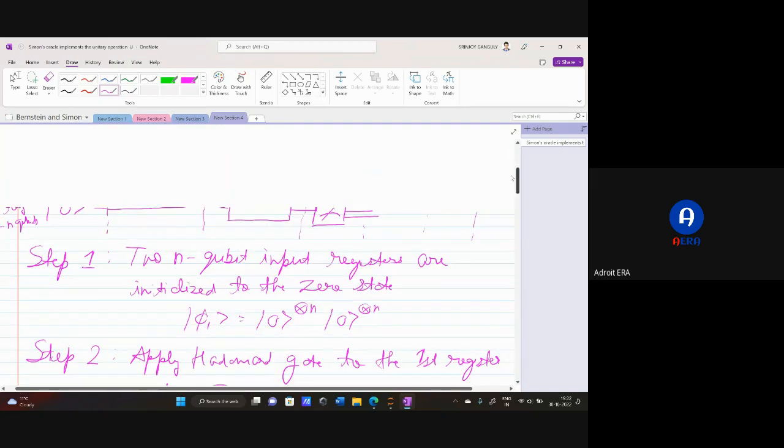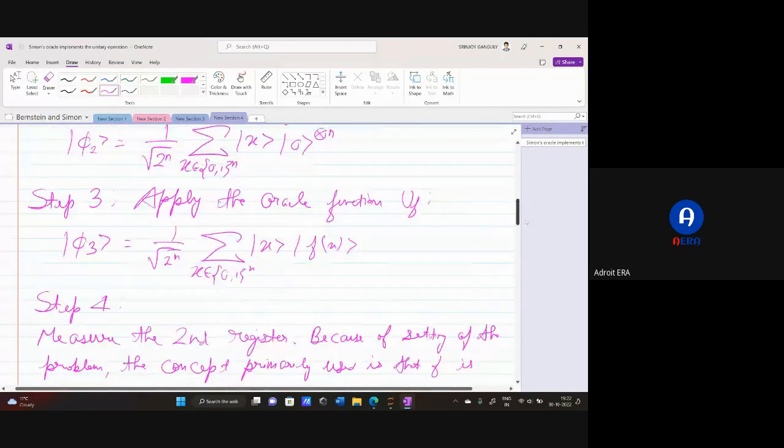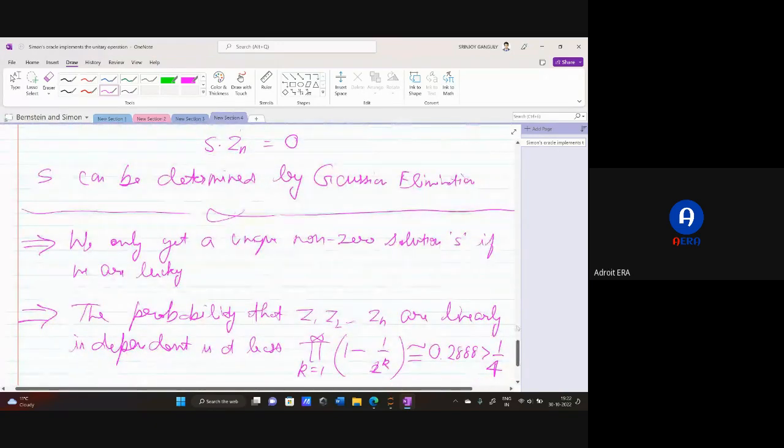We have seen this in the morning. So this completes your derivation of Simon's algorithm with a few points. And now let us see the experimental nature of Simon's algorithm.